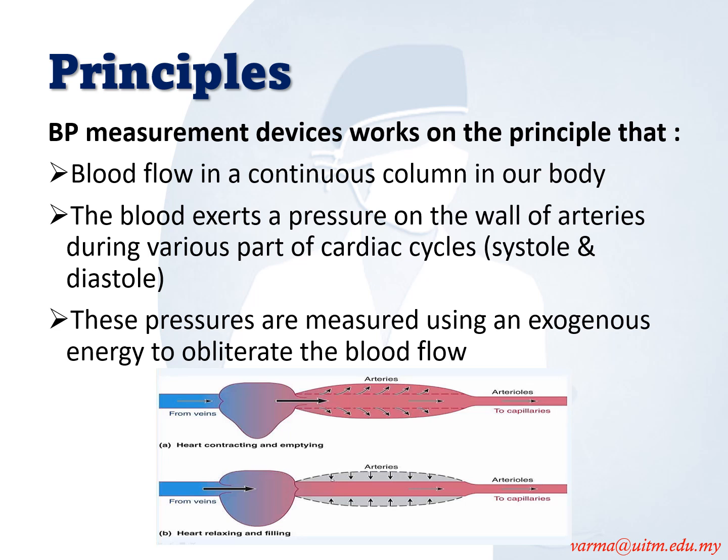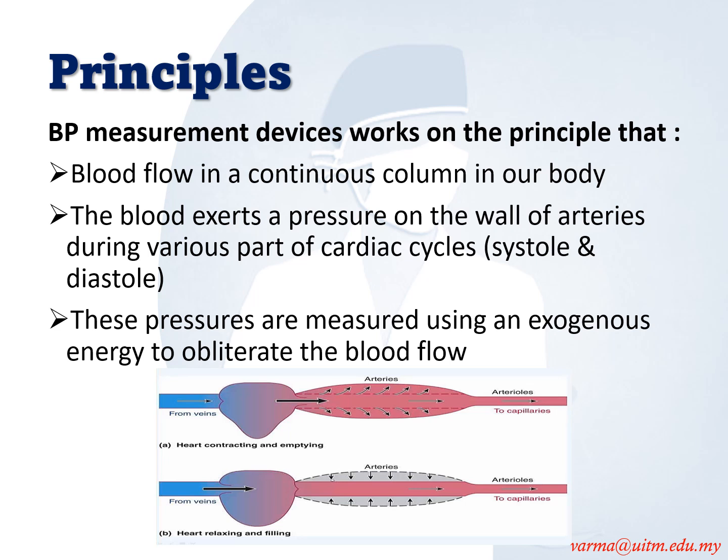So how can we exogenously measure using a device? By applying an exogenous force, meaning by using a cuff pressure, or while inserting an arterial cannula, which causes an obliteration to the continuous blood flow, and then later on this kinetic energy will be converted into electrical energy, so we can get the blood pressure measurement.